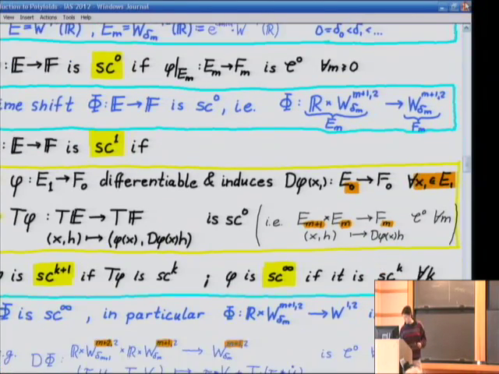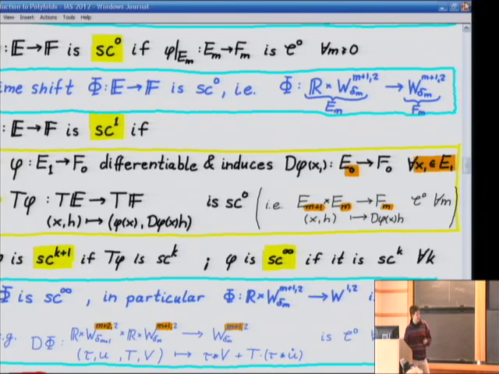So we've defined SC0, we've defined SC1, and now we can iteratively define SCK. And that's where it's important to have this whole tangent map, because it's SCK plus 1 if the tangent map is SCK. And it's scale smooth if it's SCK for all k. So you can iteratively go through the time shift and check by induction that all that is true.